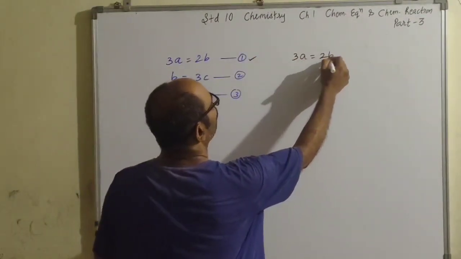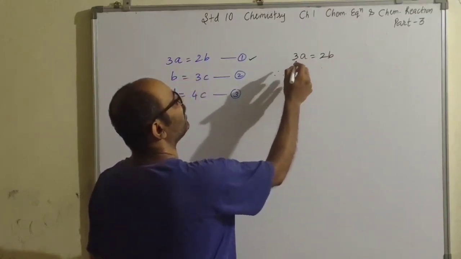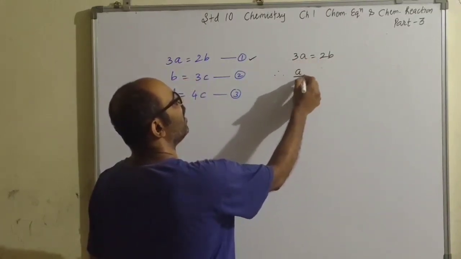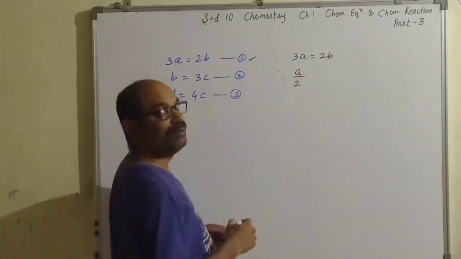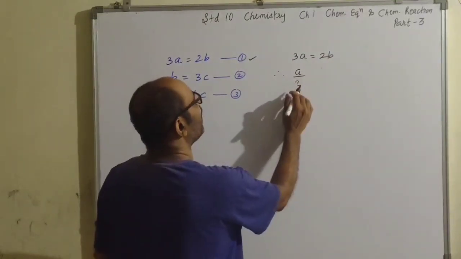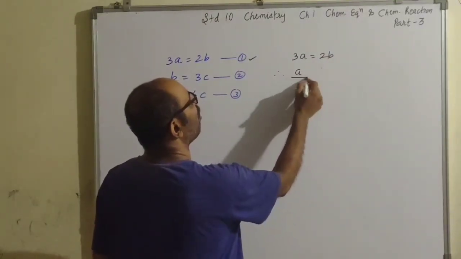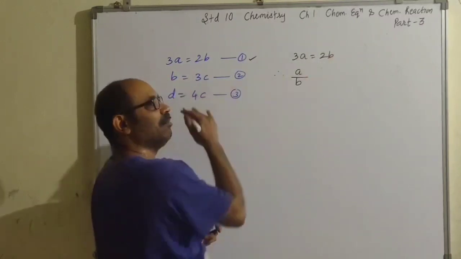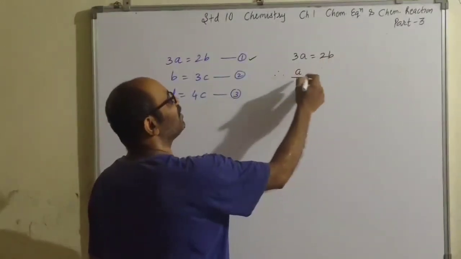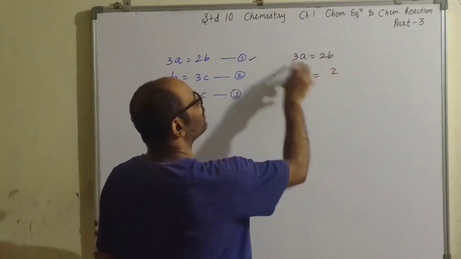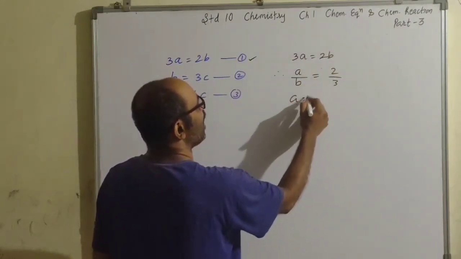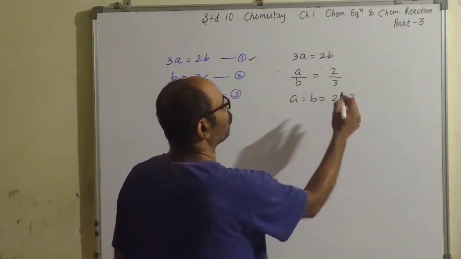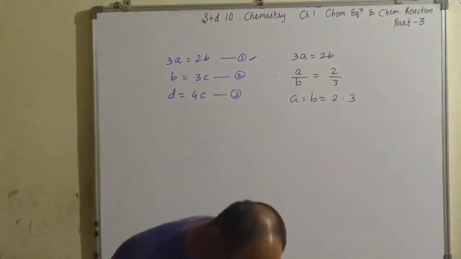3A is equal to 2B. Alright, interchange the coefficients. A upon 2, or write in ratio form, A upon B, variable on one side. So B comes here, and 2 as it is, 3 goes down. So A is to B is equal to 2 is to 3.